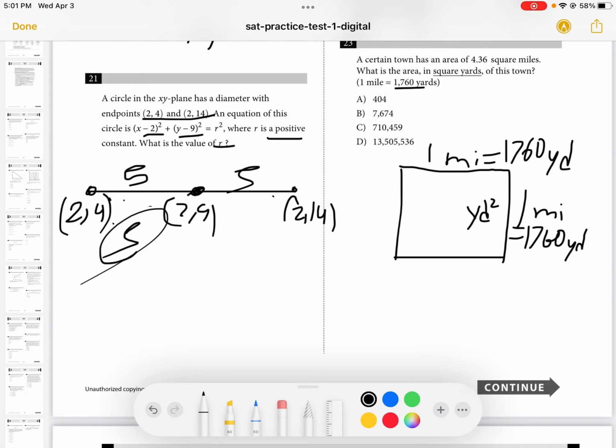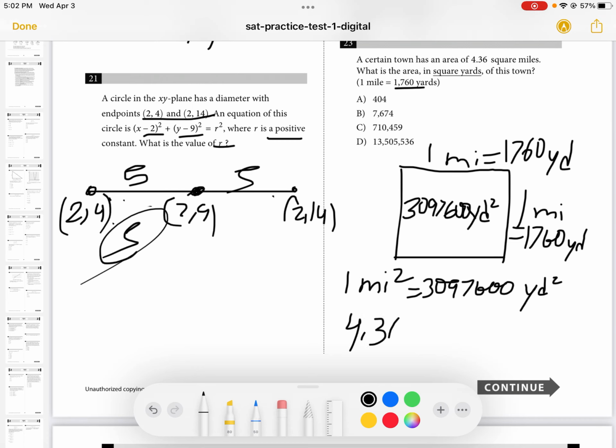well, it's a big number. 3,097,600. Right. So 1 mile squared is equal to 3,097,600 yards squared.